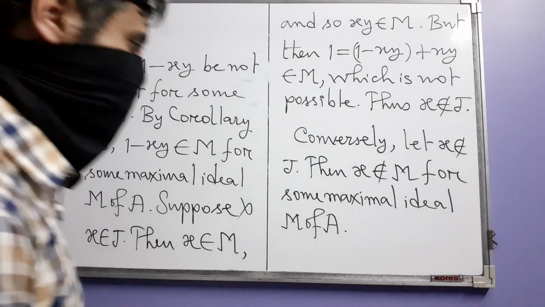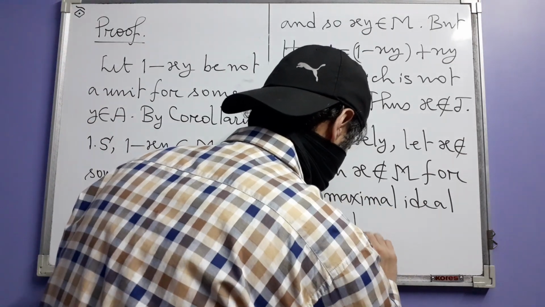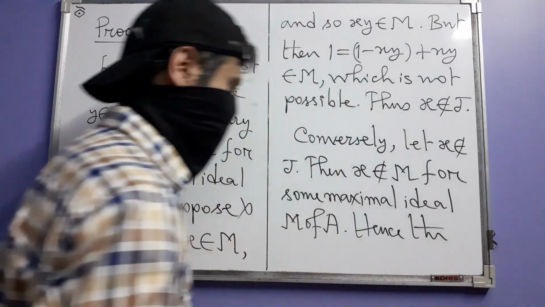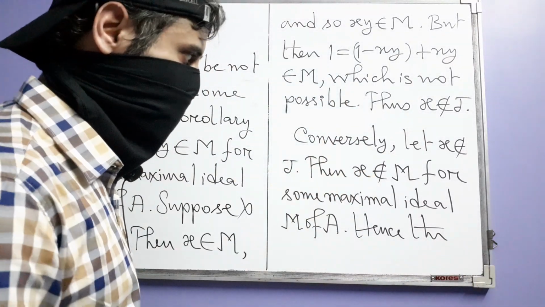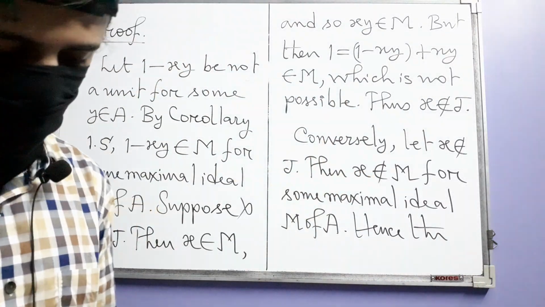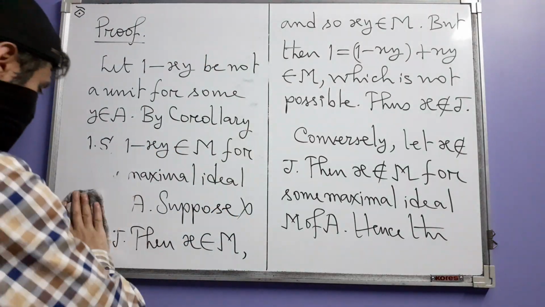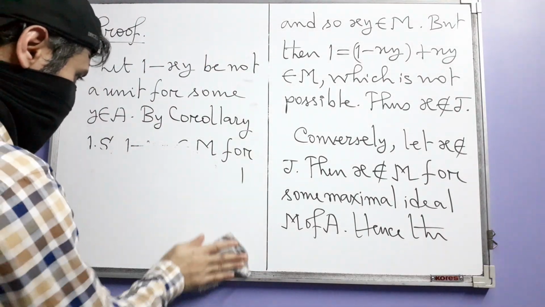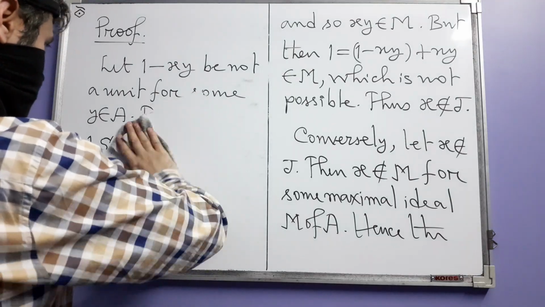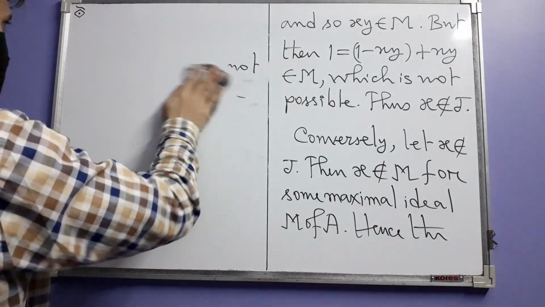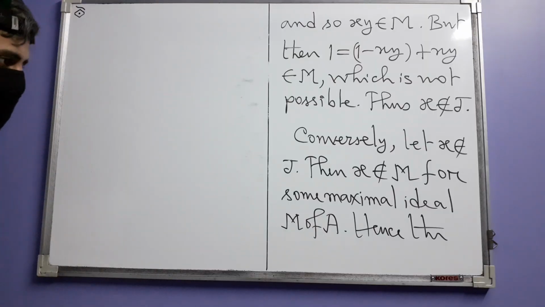Hence, the ideal generated by M and x will contain M properly. And combine with that the maximality of M, and you get the fact that this ideal generated by M and x has to be equal to the entire ring.